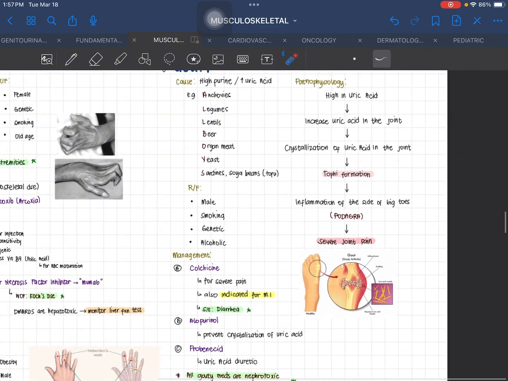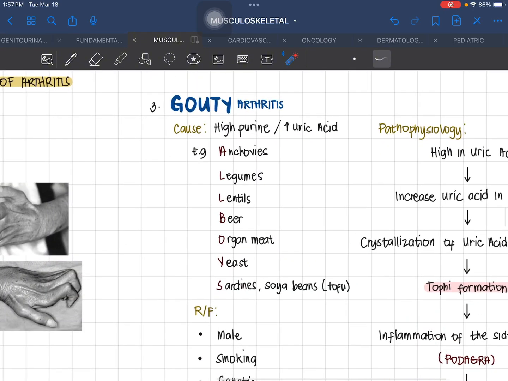Okay, so summarize natin. So, gouty arthritis, ang cause niya ay high purine, high uric acid diet. Yun yung mga bad diet natin. And also, overweight. So, ang risk factors, so ano nga ba yung mga high uric acid o high in purine natin na food?